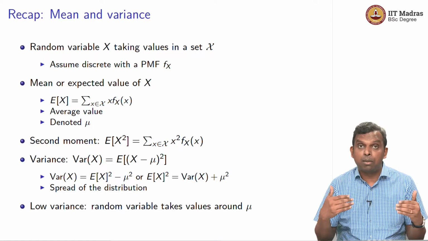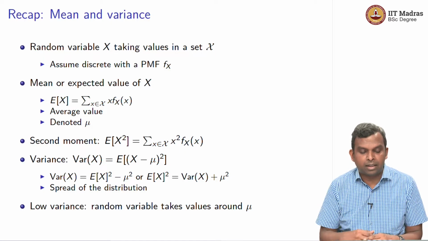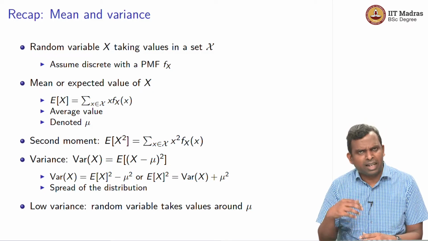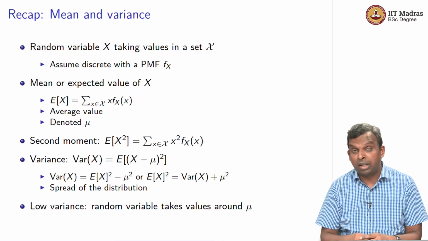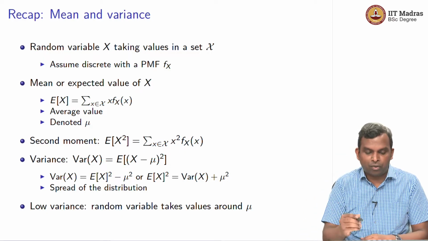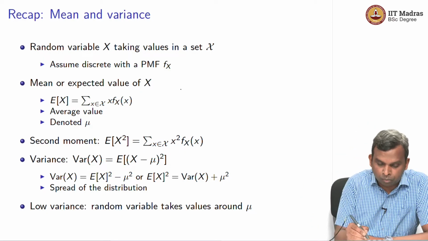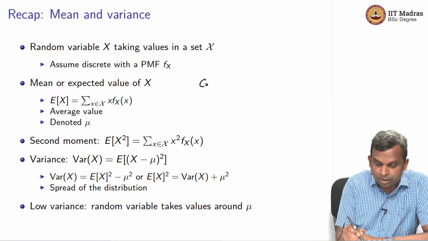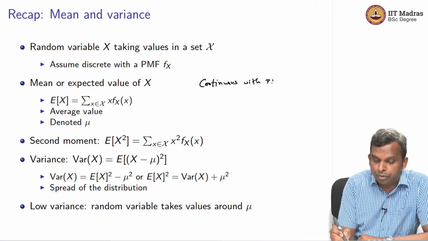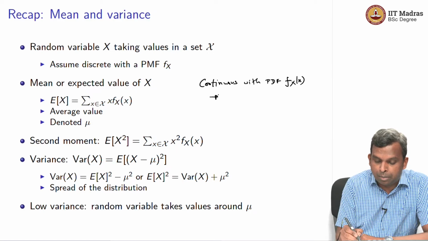There's something called the second moment. Second moment is denoted expected value of x squared, right? So the square of x. It's simply again summation over every value that the random variable takes, but x squared times the PMF. Now remember, if it were a continuous random variable with PDF f_X(x), then summation becomes integral, right?